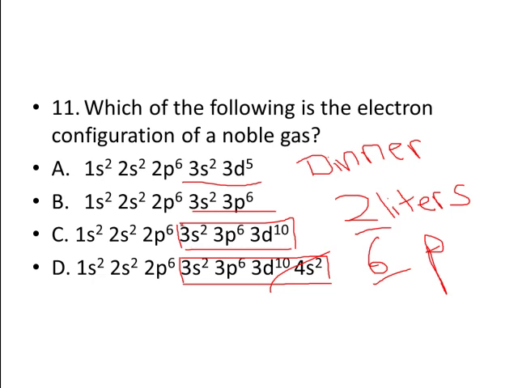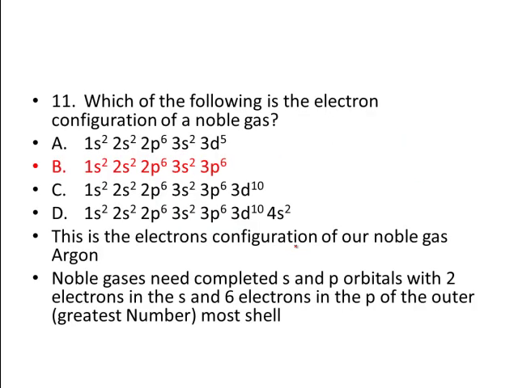This technically could fit, and that's why it's called a pseudo noble gas configuration. That happens with chromium and silver, which actually have a pseudo noble gas configuration. But it's not right, because the outermost shell has these extra electrons there. So the only noble gas would be B, which is argon, which has 1, 2, 3 completed shells.